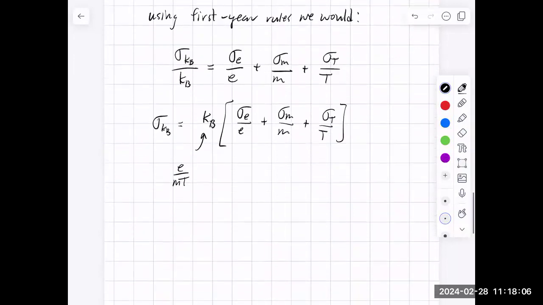So we would get the uncertainty in Boltzmann's constant is equal to, well, let's see. For the first term, this E is going to cancel with that 1 over E. So we would get sigma E over MT plus. For the second term, we'd have a 1 over M times a 1 over M. So we would end up with E. What's that?